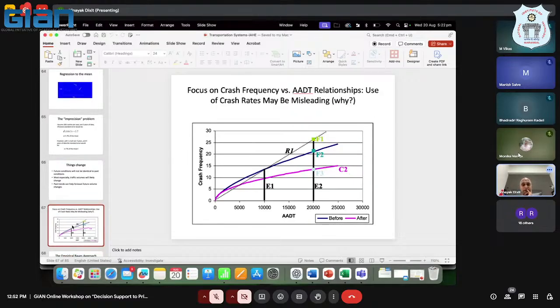So what is a Bayesian method? What the Bayesian method says is that we need to create something called a safety performance function. What the safety performance function tells you is, for a given condition, this is before, and this is after.